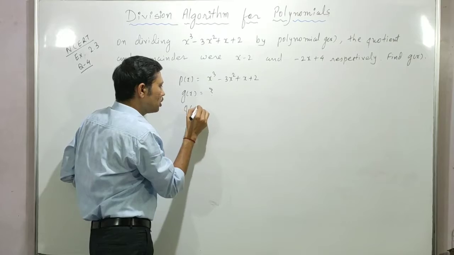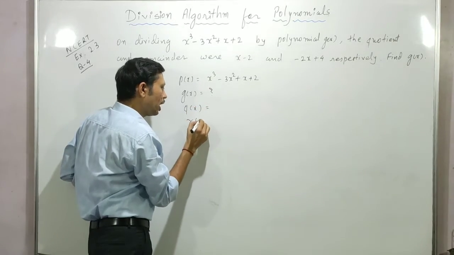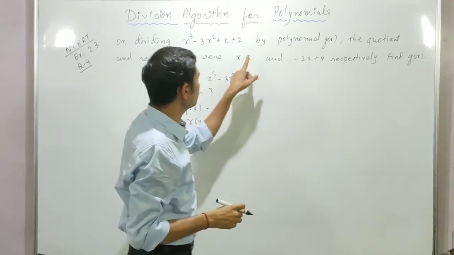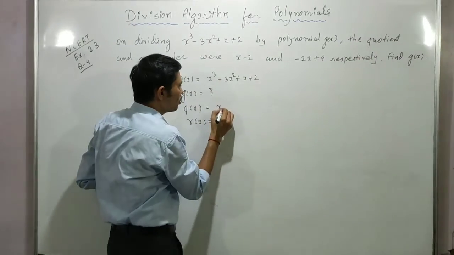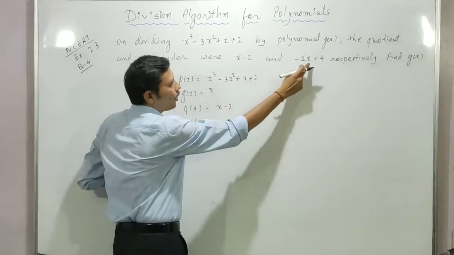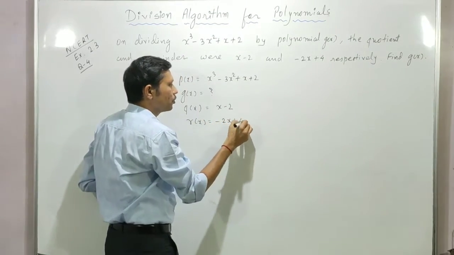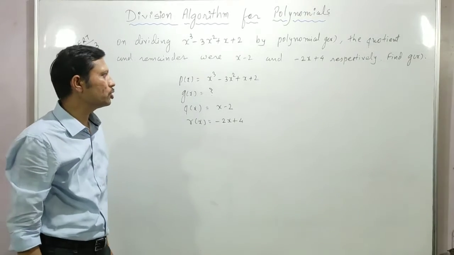Q of x is the quotient, and r of x is the remainder. These both are given. The quotient is x minus 2, and r of x, the remainder, is minus 2x plus 4. समझ में आया क्वेश्चन बच्चों?